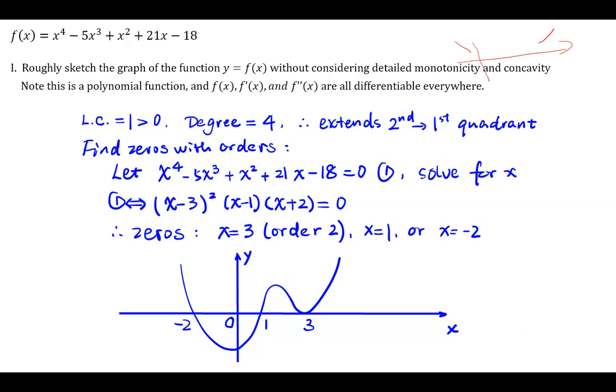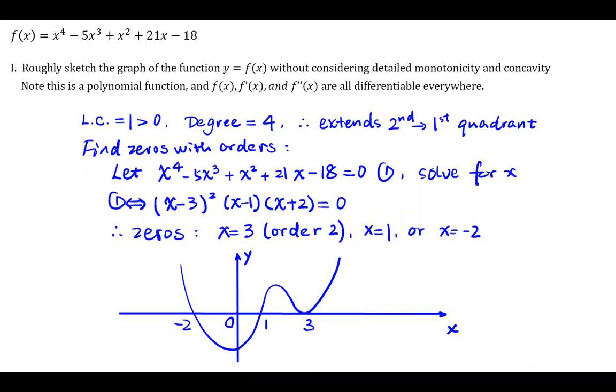And in order to find its behavior in the middle, we need to check its zeros with orders. So in order to find its zeros, we need to factorize that function, right? Can you recall all the methods you can use to factorize a polynomial? This is what we have learned in Advanced Functions.